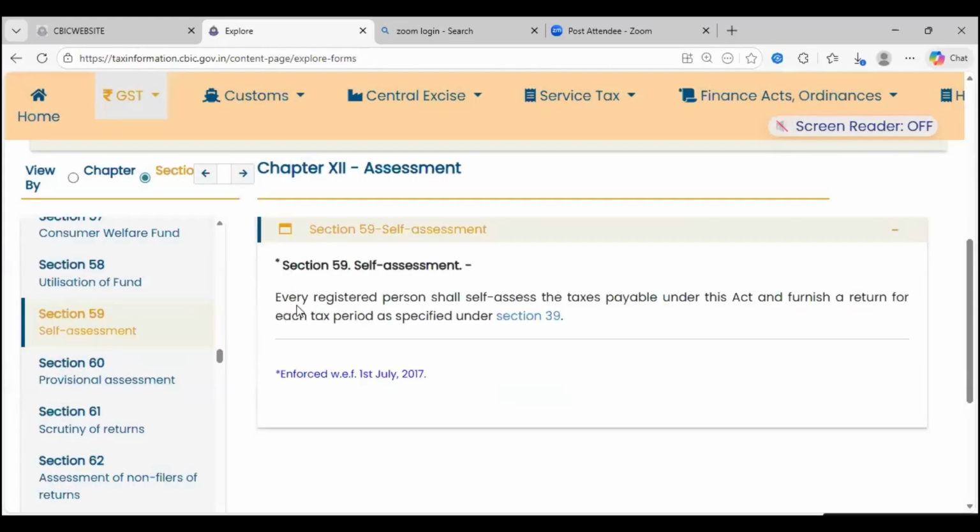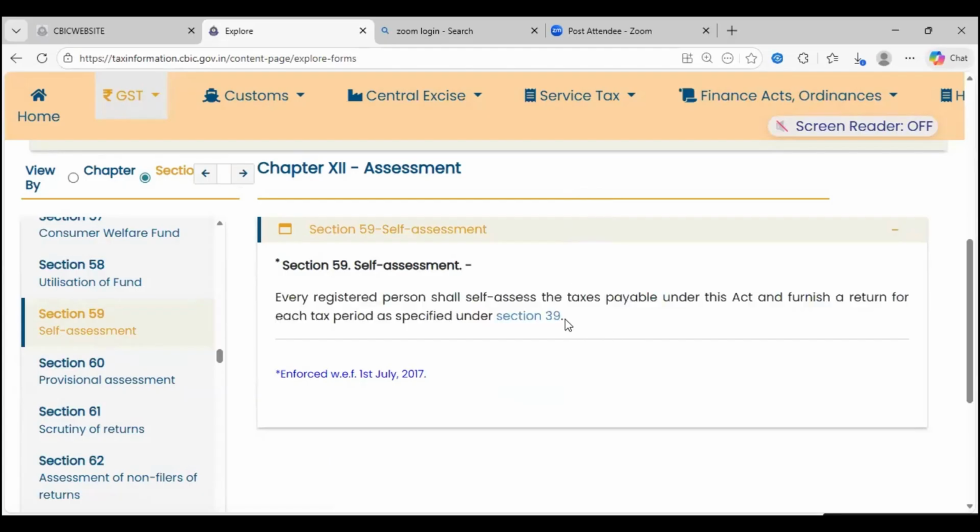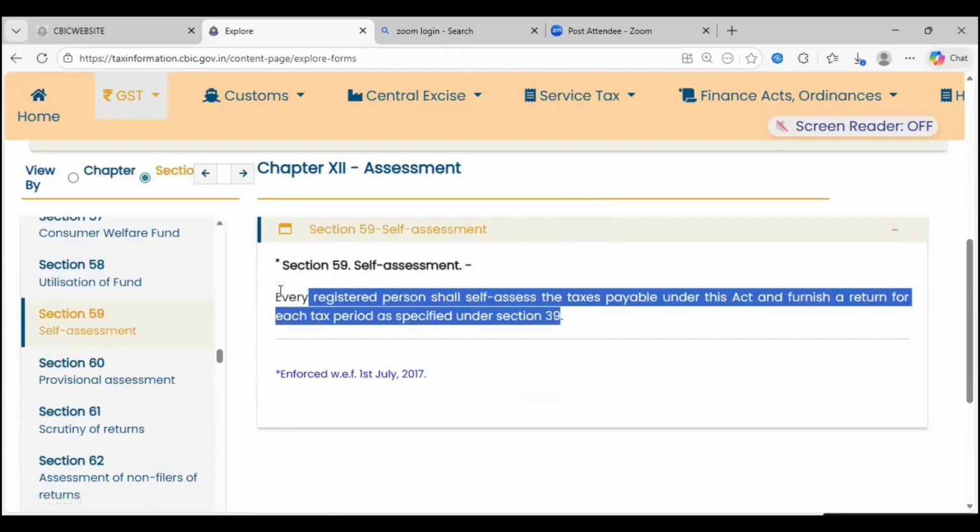You can see this self-assessment. The term self-assessment means every registered person shall assess the taxes payable under this Act and furnish a return for each tax period as specified under section 39. So this is your simple definition, which is called self-assessment.